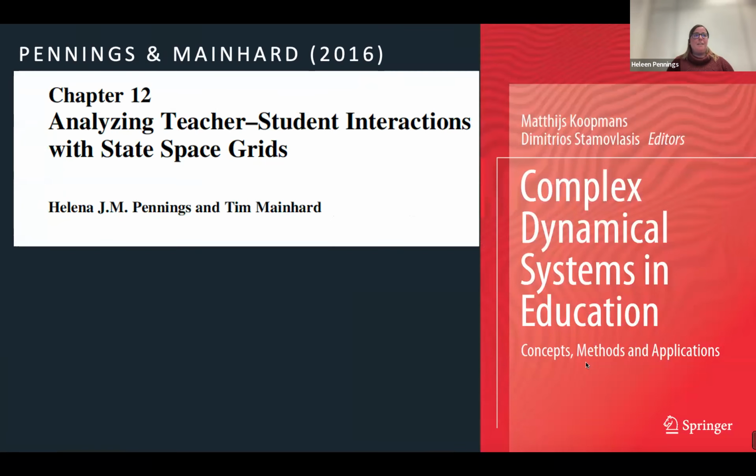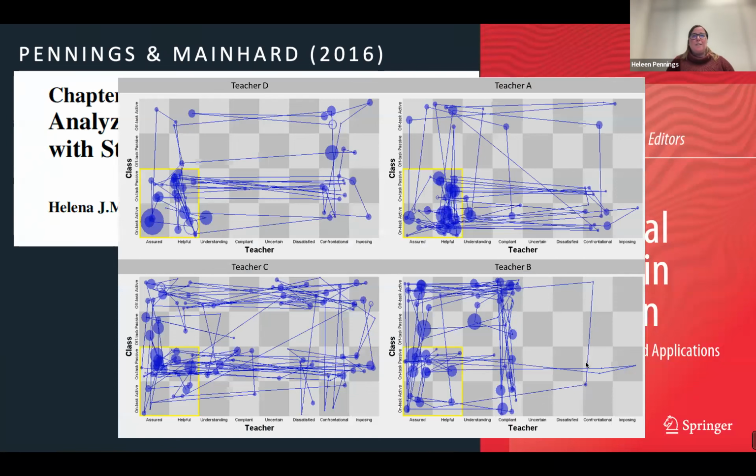Then another study that we use as one of the examples in our book chapter in Complex Dynamical Systems in Education, which was edited by Matthijs Koopmans and Dimitrios Stamovlasis. This was actually one of my first studies to explore, when we didn't have an interpersonal circle for students yet.